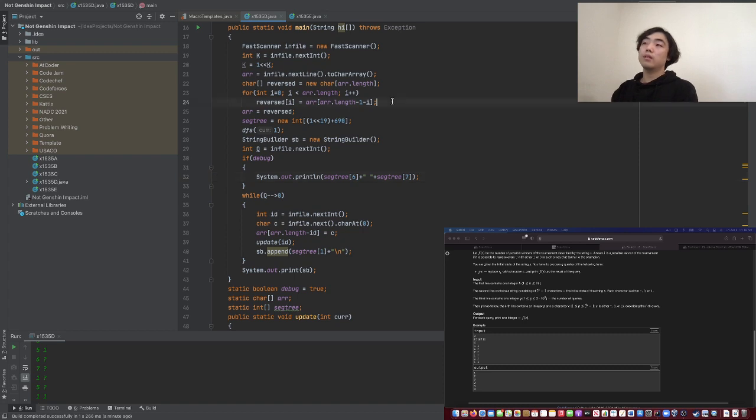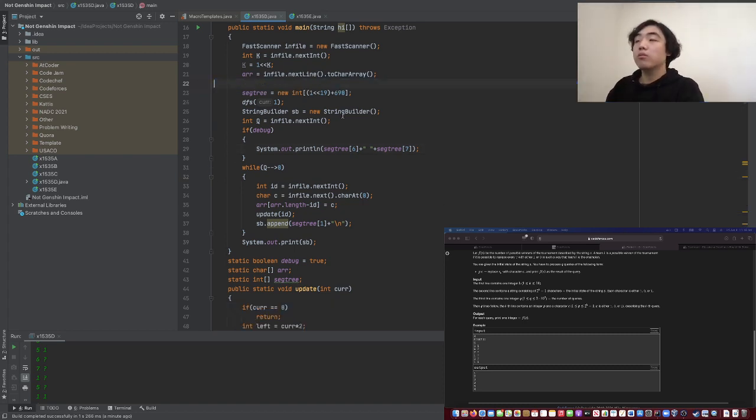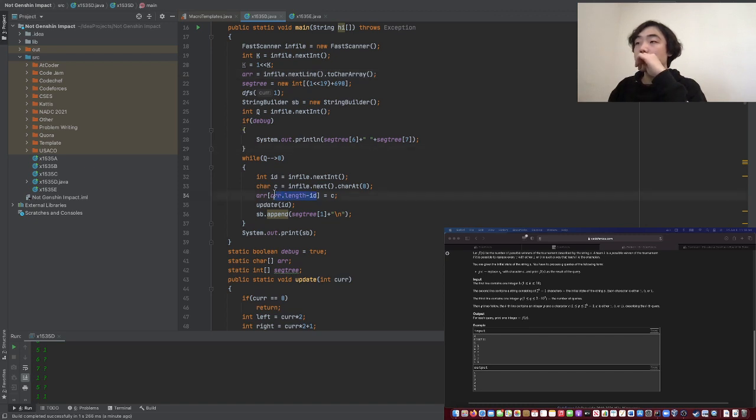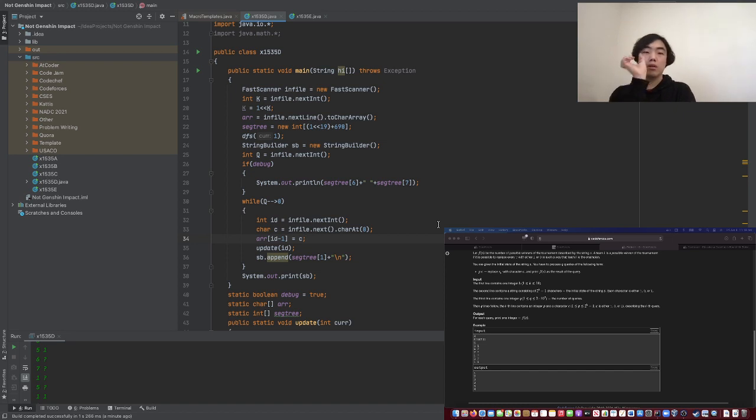Yeah, it's not as easy as just reversing it because of how the layers work. The layers themselves are still in the same order. It's like 0, 1, 2, 3, 4, but this is actually something else.